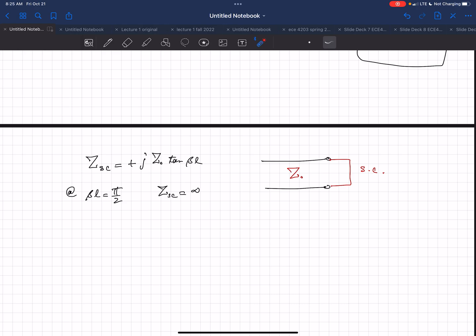Then you change the length again and it looks like a short circuit, and then an open circuit, and then a short circuit. I'm going to write that down, because this leads to the concept that it's a repetitive pattern. So this means a lossless transmission line with a short circuit load will look like an open circuit at some length.